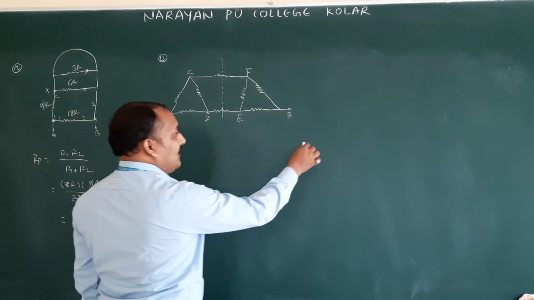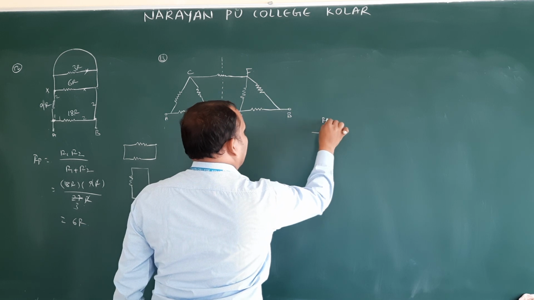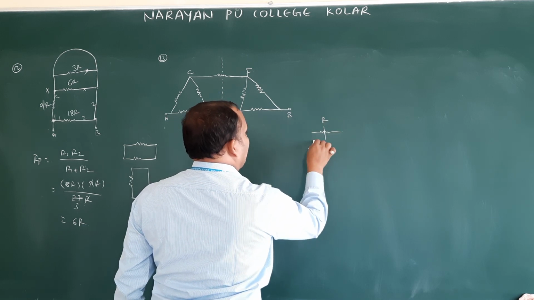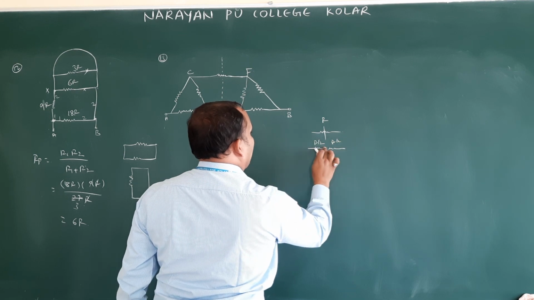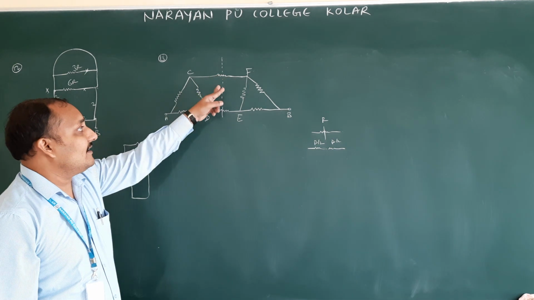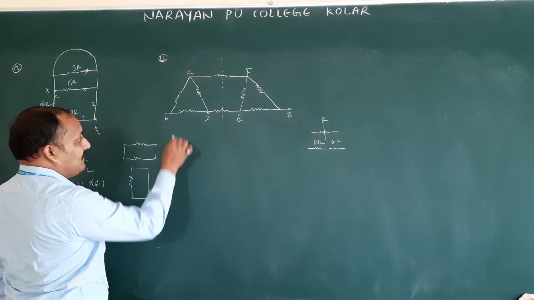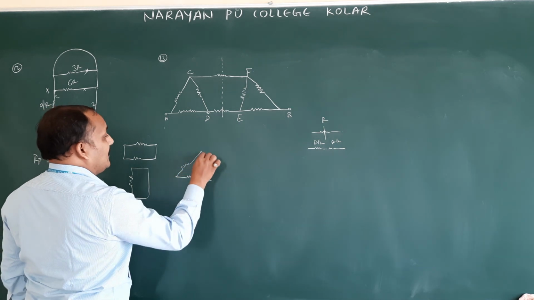I already told you, if a resistor R is divided equally, the left part is going to become R by 2 and the right part is going to become R by 2. So I divided it equally. Now I am drawing the same diagram here for you to understand.